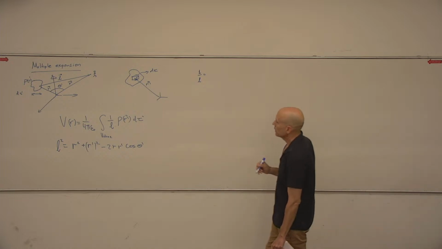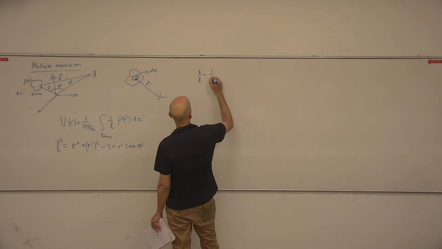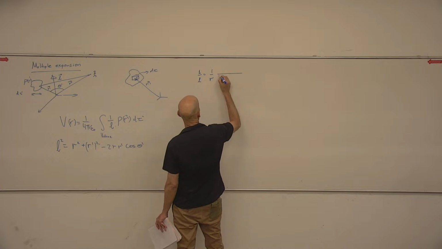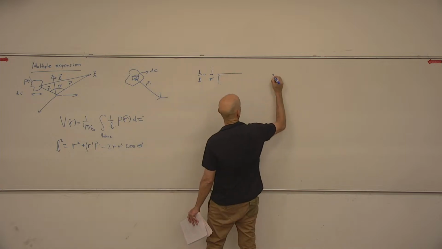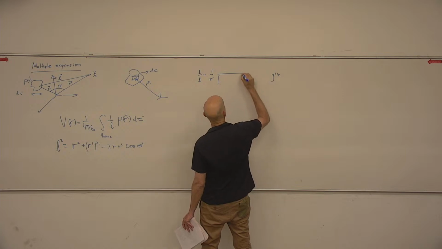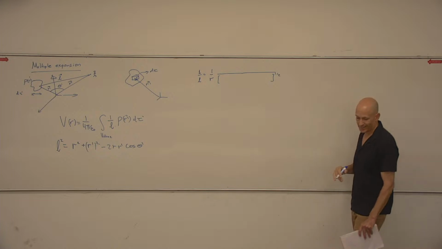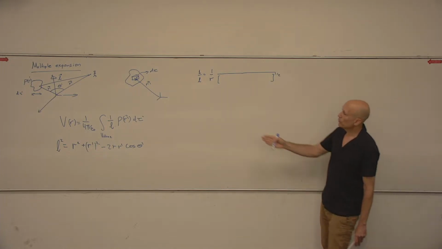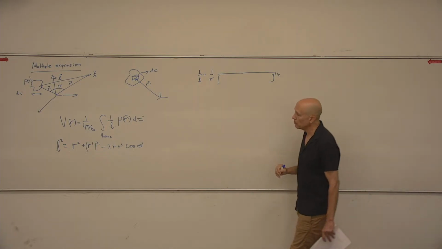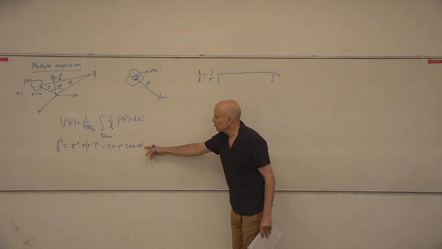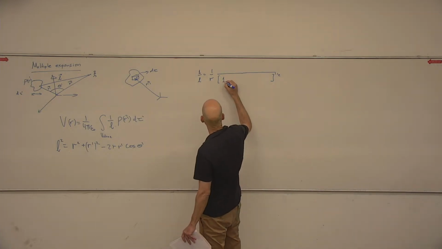That's all. So this is 1 over r, like before, and then like before I have some square root. Inside here I'll have something which has no units, because the units of L and R are the same. And this is, of course, seen already from here. And then I have here 1.